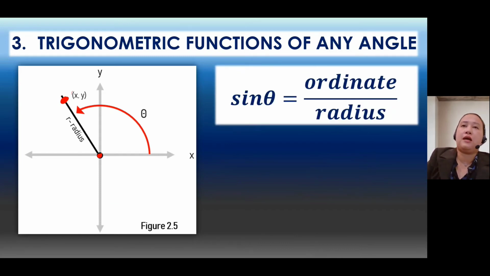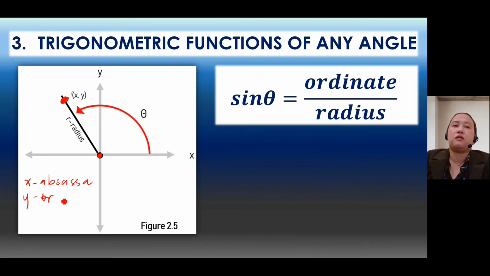So for sine theta, as I said a while ago, x is called the abscissa, and y is called the ordinate. And then we have the hypotenuse, denoted by r, which is the radius.